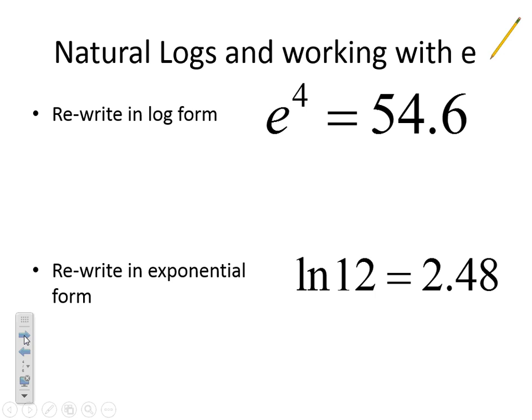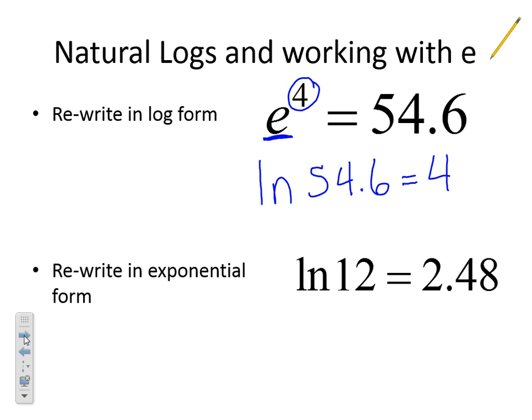If we want to rewrite this in log form, this is what we're going to do. Whenever we have e, instead of writing log base e, we're just going to write ln. Now remember, our goal is to get our exponent all by itself. So it's going to be ln of 54.6 equals 4. So that's how we rewrite this exponential into log form.